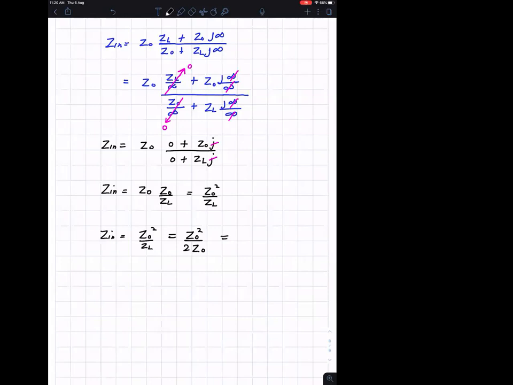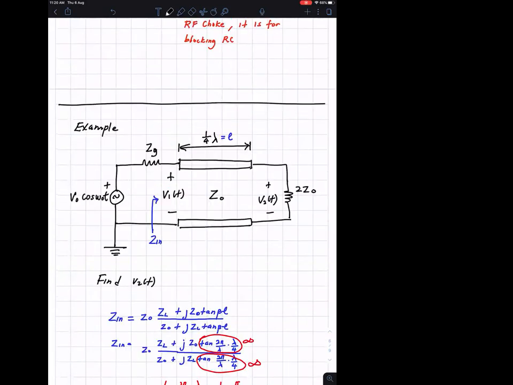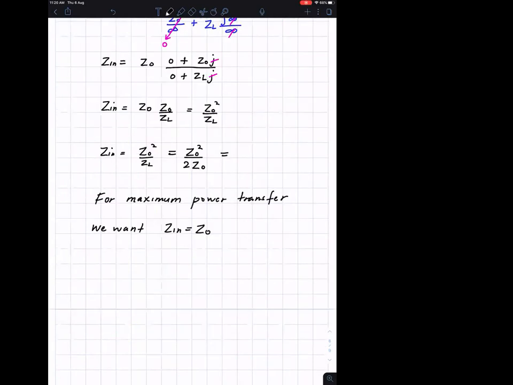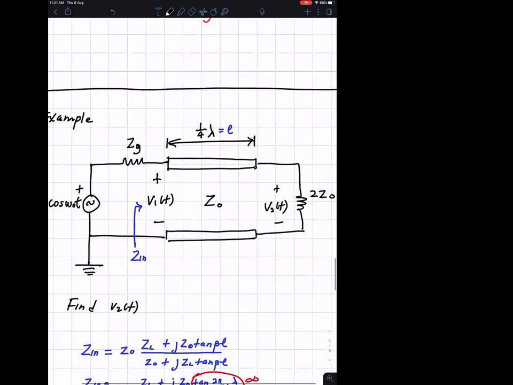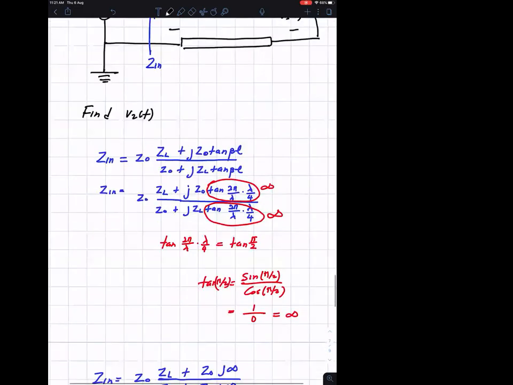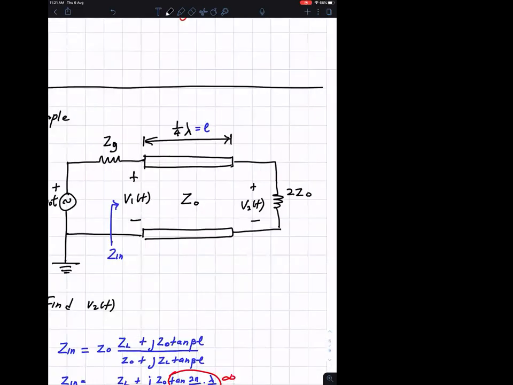So what do you want the input impedance to be? We want Z in to be ZG, the same as the source impedance.